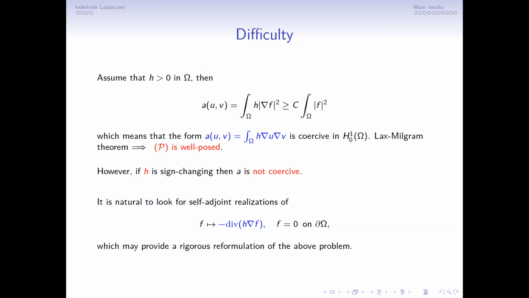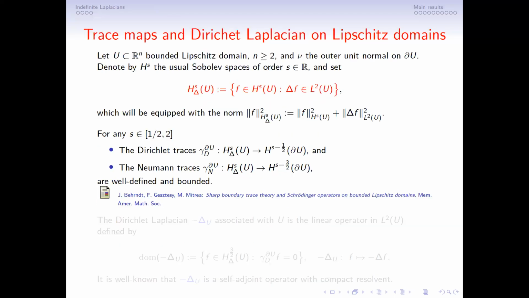Okay, anyway, before defining the operator rigorously, let me just recall some well-known facts about the Dirichlet Laplacian on Lipschitz domains. In the following, let us assume that we have a bounded domain U with Lipschitz boundary. Here I'm always assuming that the dimension is higher or equal to 2. Then denote by nu the unit normal to this domain.